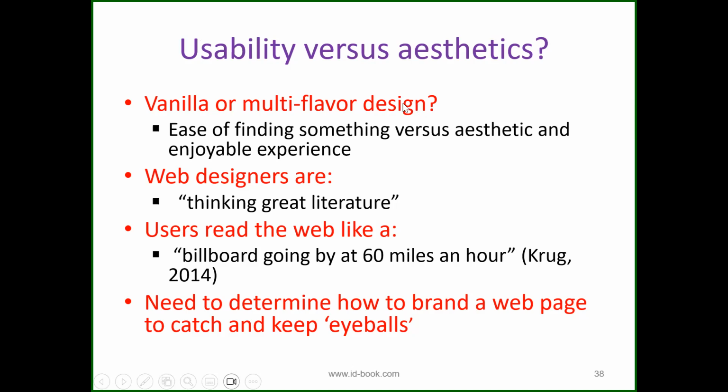The websites have different ways of designing. It has a vanilla or a multi-flavor design. Now, these designs provide an ease of finding something versus an aesthetical and enjoyable experience. So if you have a multi-flavor design, you might also have the basic functions of the web page. In addition to that, we would have some aesthetic parameters also.